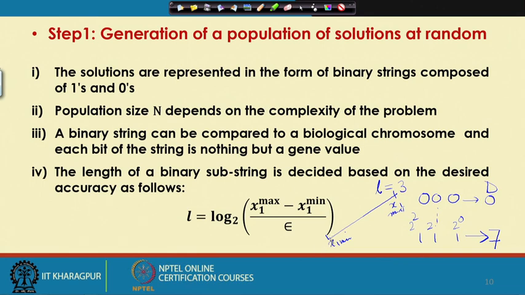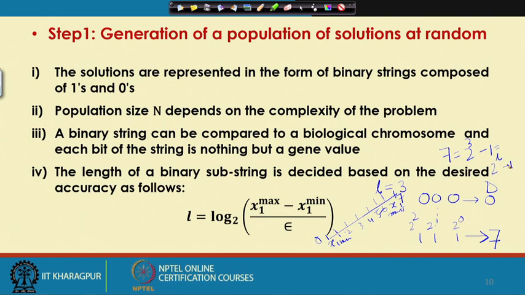This corresponds to the decoded value of 0, this corresponds to the decoded value of 7, and in between we have 1, 2, 3, 4, 5, 6. That means the whole range for x1 is divided into 7 equal parts. Now, this 7 is nothing but 2 raised to the power 3 minus 1, and here 3 is nothing but L. So, 2 raised to the power L minus 1.